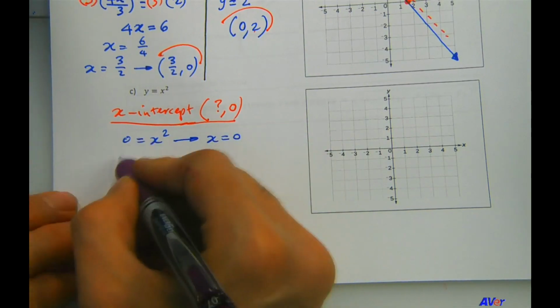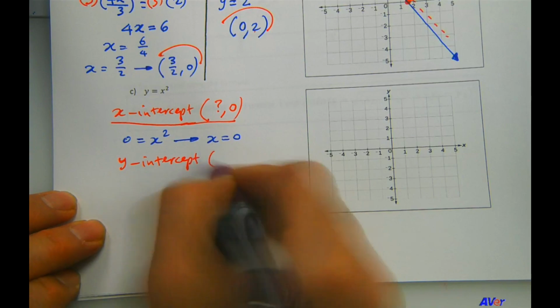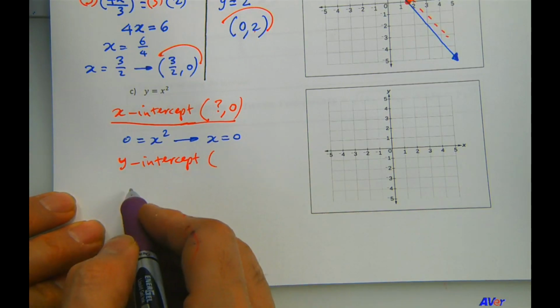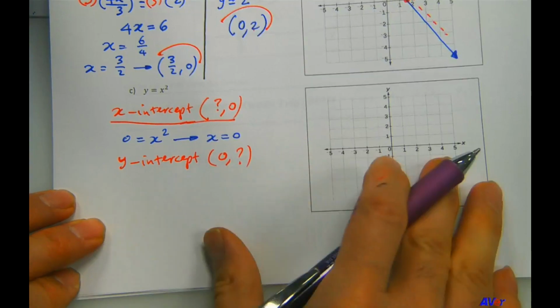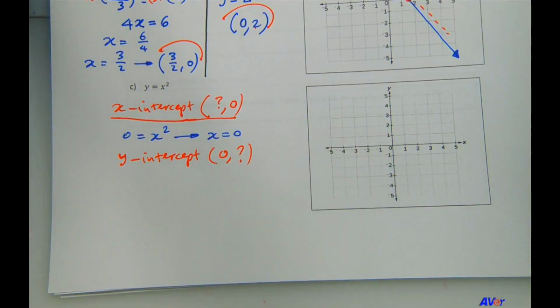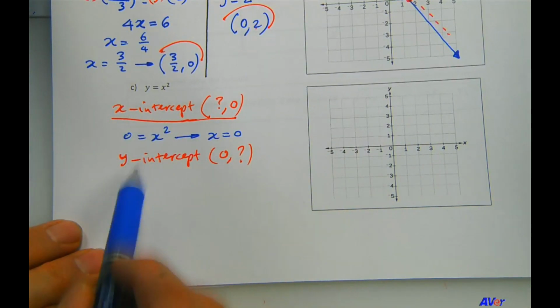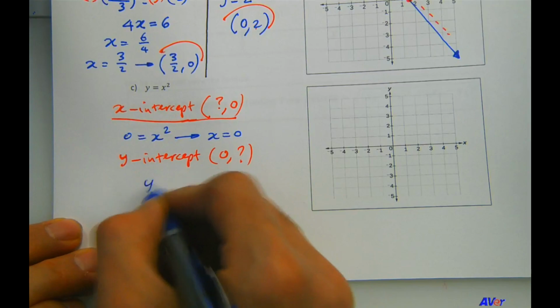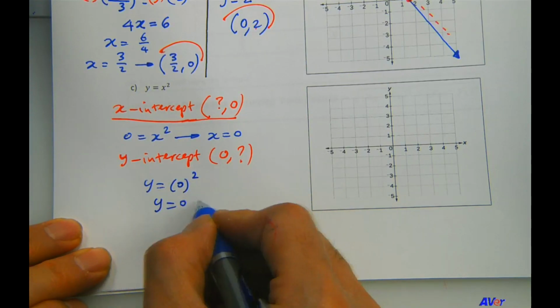So what about the y-intercept? For the y-intercept, which component is 0? The x. X is 0, and we need to look for y. So let's substitute for x with 0. So y equals 0 squared. That means y equals 0.